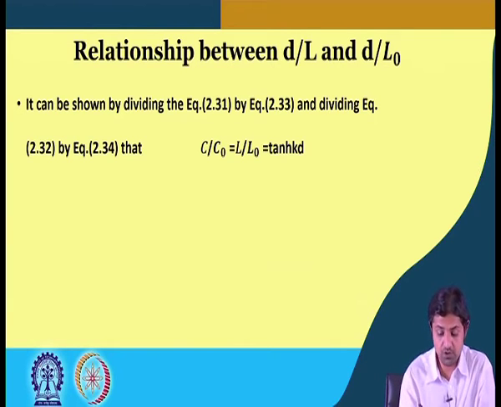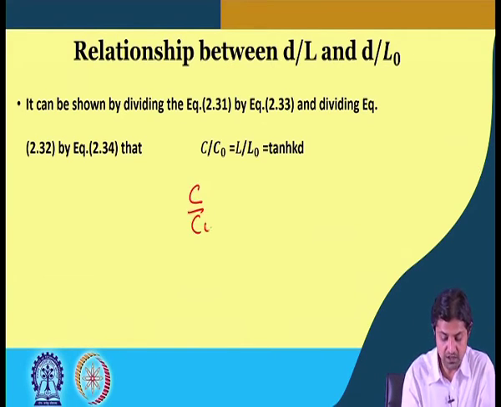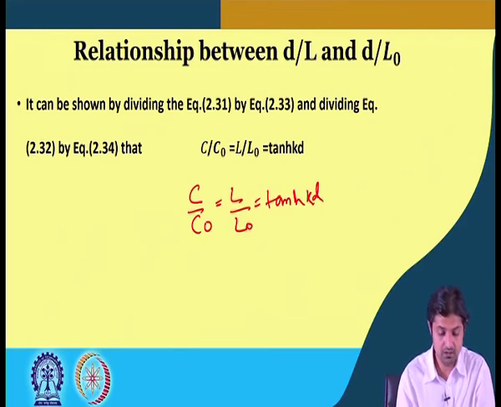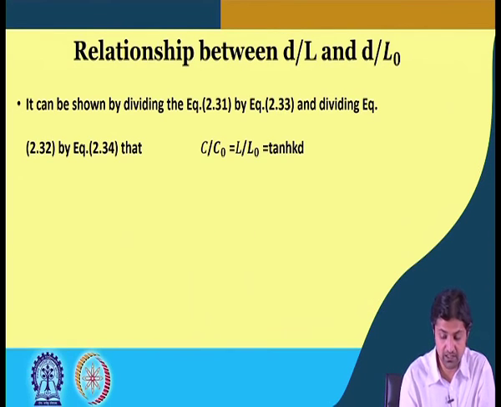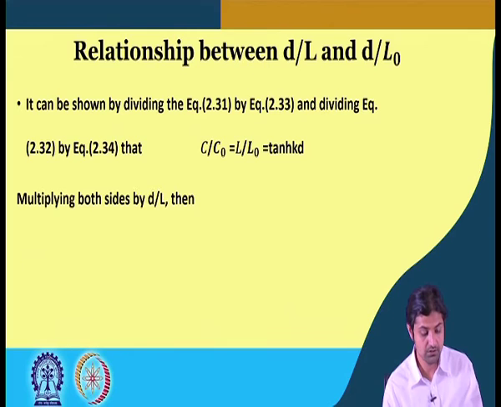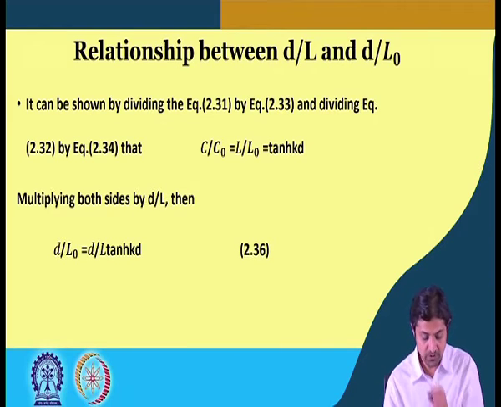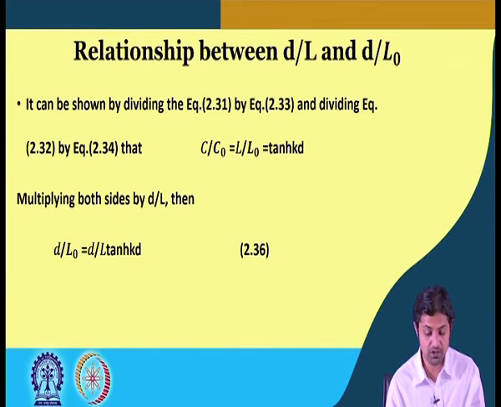So, if we divide those, we can get C by C naught is equal to L by L naught is equal to tanh kd. Alright, you can try this on your own. Now, if we multiply both sides by d by L, we can get d by L naught is equal to d by L tanh kd. Alright.